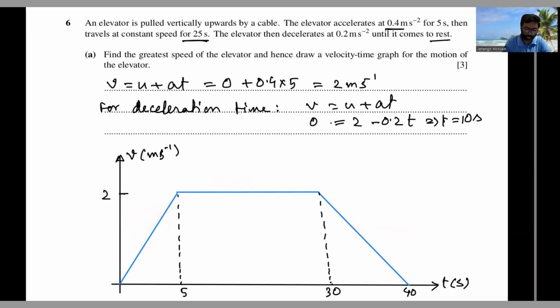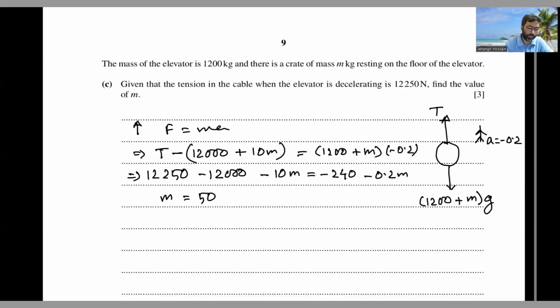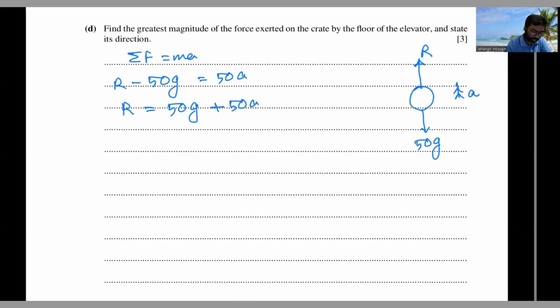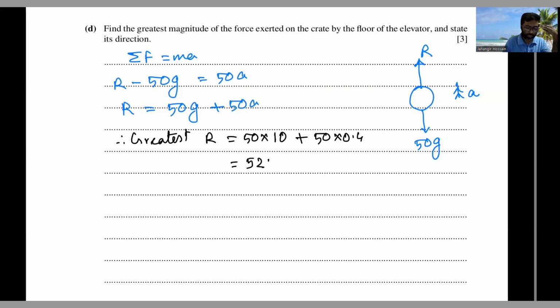The greatest of these is 0.4, so R will be greatest when it is accelerating upward, and that greatest value of R will be 50 into 10, that's gravitational acceleration, plus 50 into 0.4. So that is 520 newtons. Okay, that's the figure.